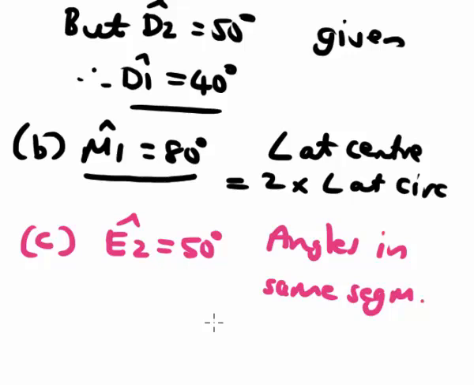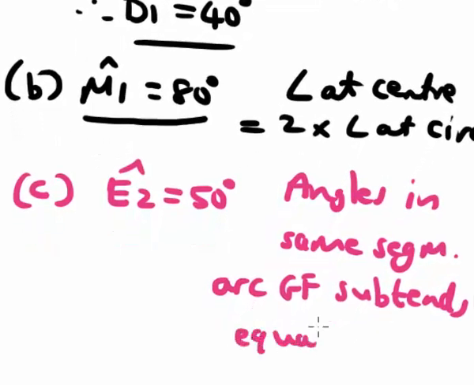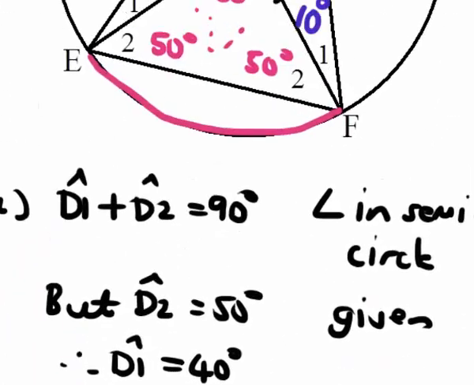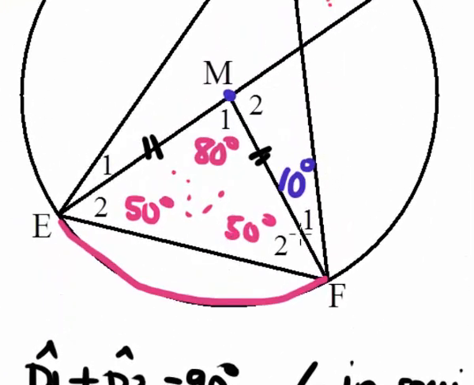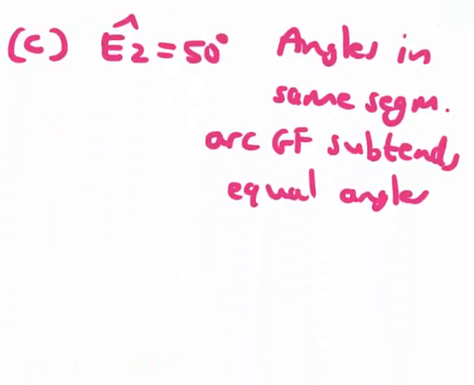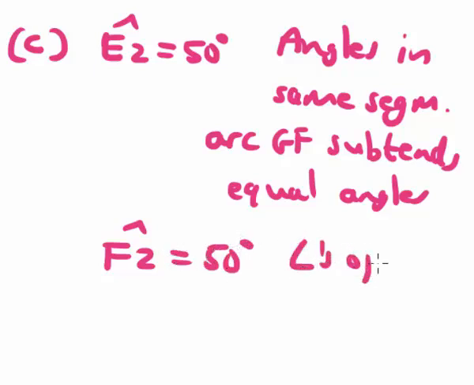Let's write that down: arc GF subtends or forms equal angles. All grade 11 stuff. Now if E2 is going to be 50, then logically F2 must be 50, because that's an isosceles triangle. So F2 is going to be equal to 50 degrees. Angles opposite the equal sides. Some people even use the word radii, the equal radii there.